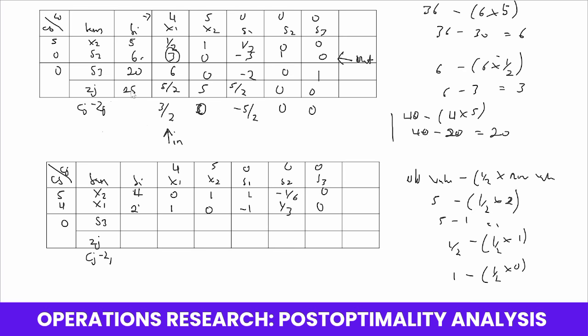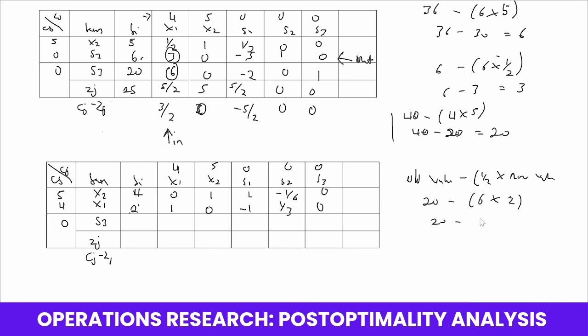So here too you do the same. Our BI value is 20 here. So the old value is 20 minus the corresponding value in the pivot column. This is our pivot column, right? So the corresponding value is 6. So minus 6 times the new value. What is the new value here for the pivot row 2?